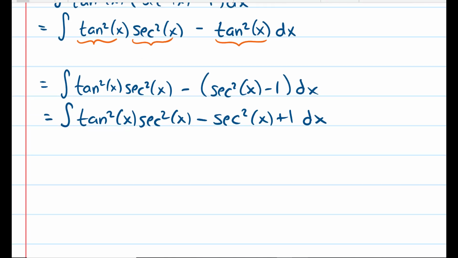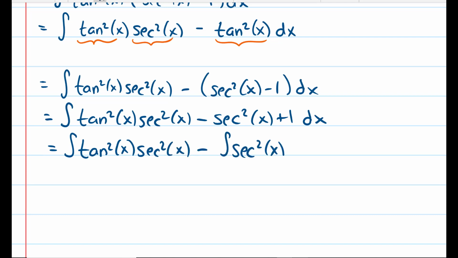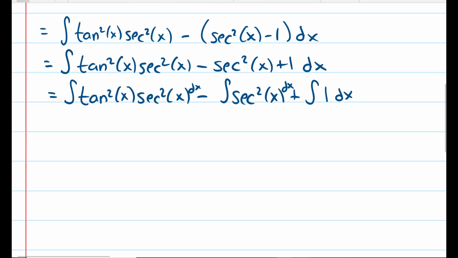And I'm going to use an integral property that allows me to write each integral separately. So this is going to be the integral of tangent squared x secant squared x minus the integral of secant squared x plus the integral of 1. And each of these should have a dx next to them.